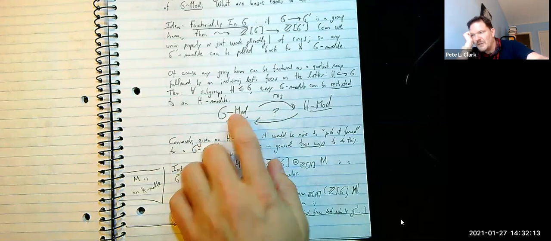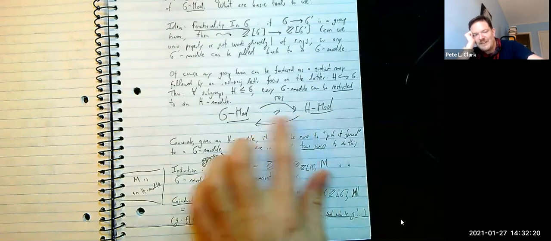Now it's interesting. Way back when, I was asking this question in a special case. I have this restriction functor from ZG modules into ZH modules. Wouldn't it be nice to have something going in the other direction? Well, what I'm saying is not just for ZG and ZH, for any homomorphism of rings, you actually have two very reasonable things going in the other direction.